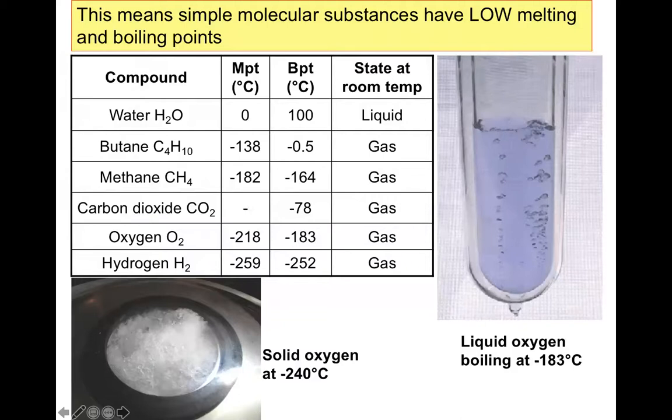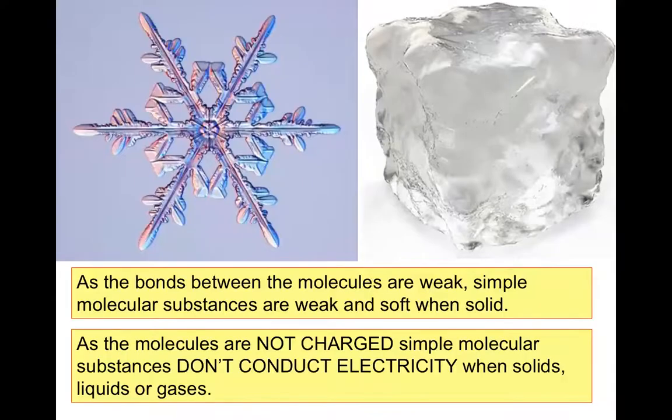If we look at our melting and boiling points, for the vast majority of them, they're a gas already at room temperature, because there is enough energy at 25 degrees to keep those molecules apart from one another and stop them interacting. And for solid oxygen, it needs to be at minus 240 degrees. The temperature can only go down to minus 273. So you need to be very, very cold to get those oxygen molecules to stick together. So simple molecular substances will have low melting and boiling points.